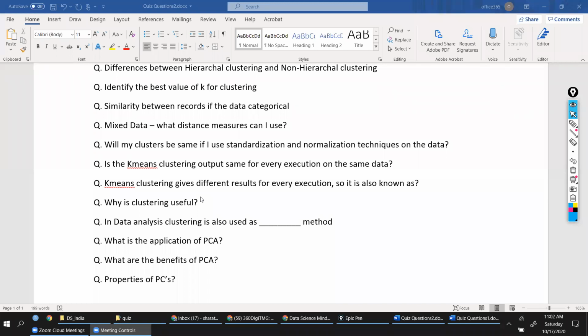We're talking about properties. Correlation, orthogonal transformation. Okay.